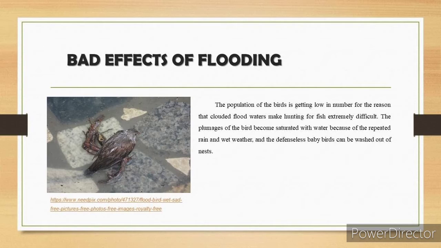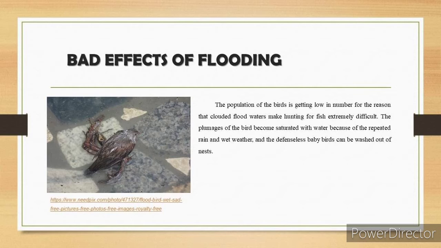Yan, kung kanina, yung mga fish, kahit na nakakalangoy sila, is affected pa rin sila ng baha. Birds also struggle in hunting food caused by clouded flood water. The defenseless baby birds can be washed out of nest. So, ibig sabihin, kahit nakakalipad tong mga birds, is apektado pa rin sila.